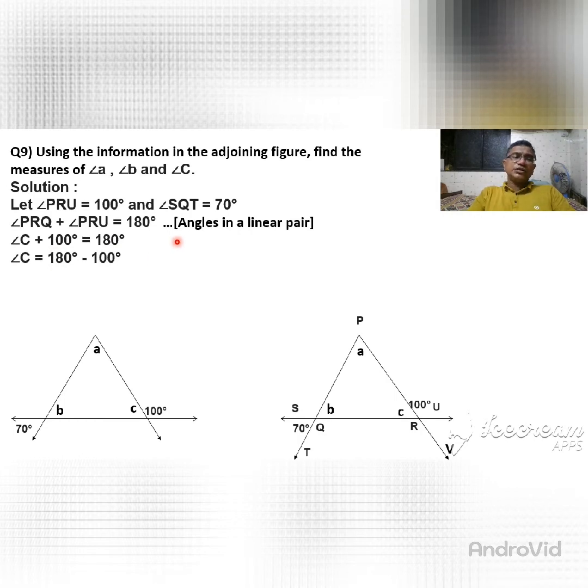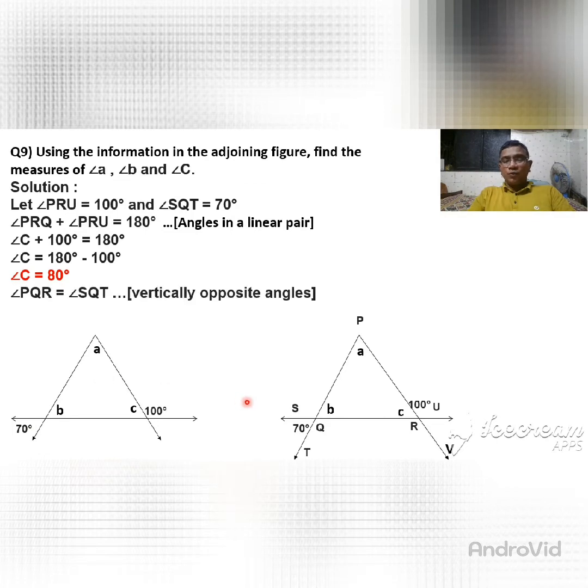So angle C is equal to 180 degrees minus 100 degrees. What remains? 80 degrees. So angle C is equal to 80 degrees. Okay. So here you are getting 80 degrees. Then vertically opposite angles are congruent. So with the help of that we solve this.